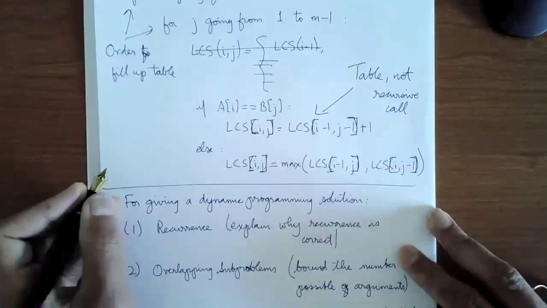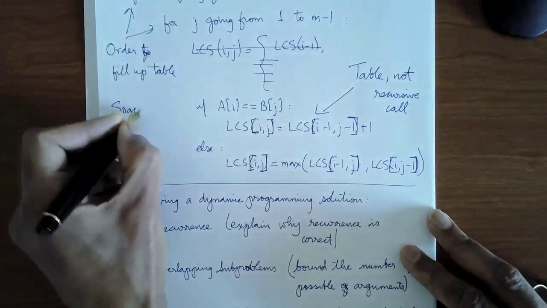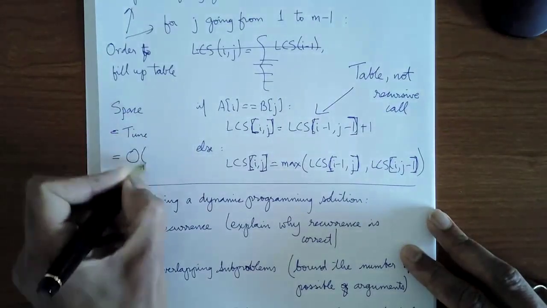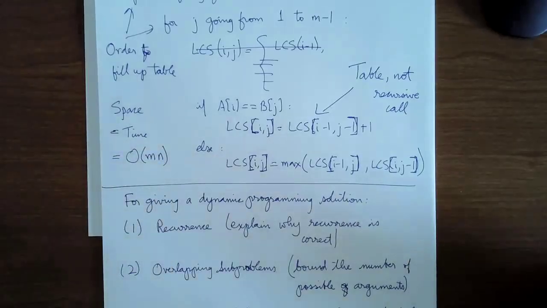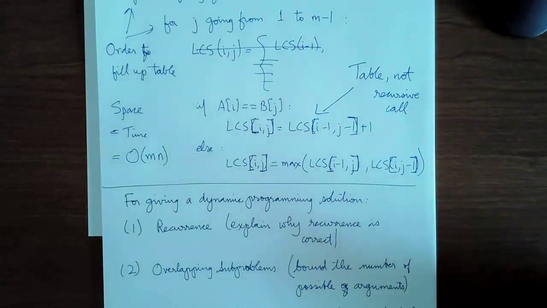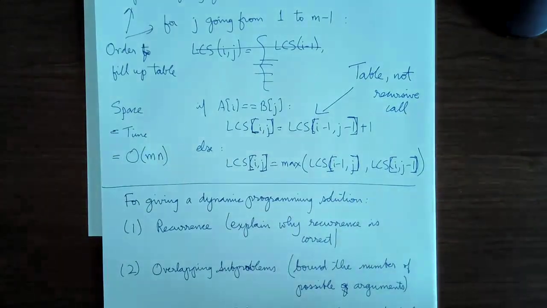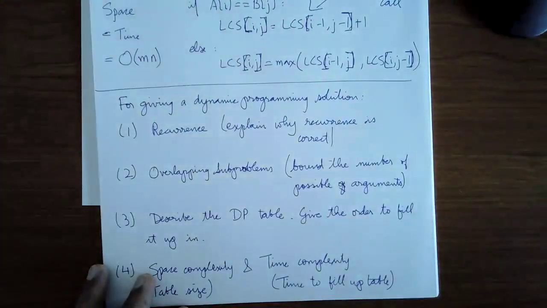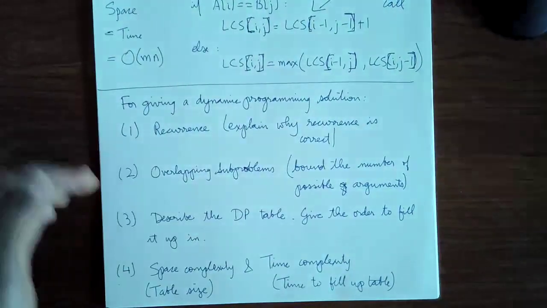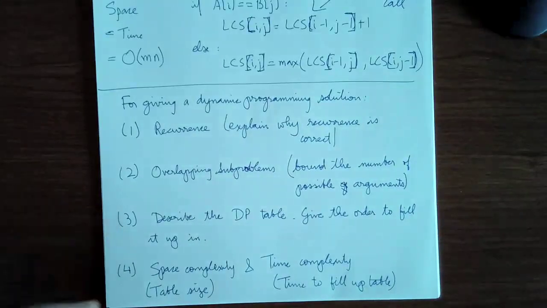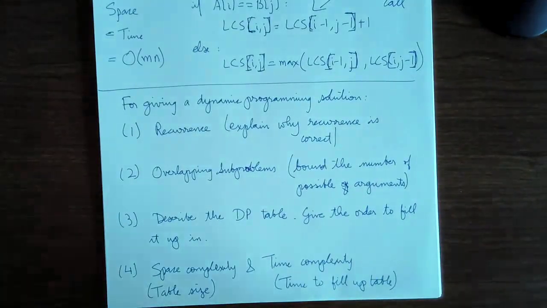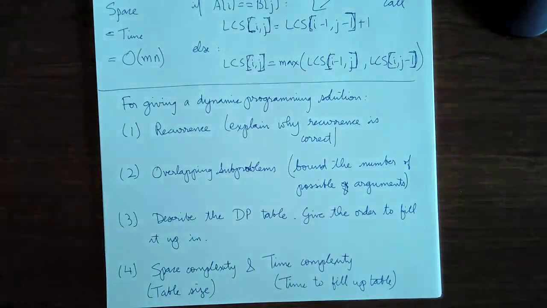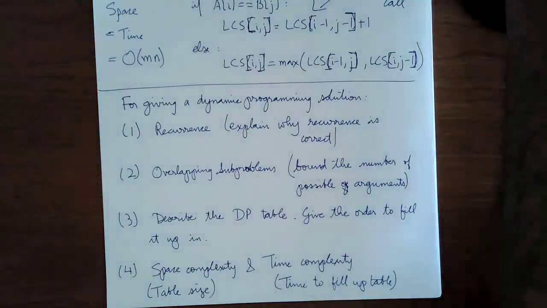And so in this case, both the space, which is the same thing as the time, is O of m times n. Okay, is this clear? I want this structure for any solution to a dynamic programming problem: a recurrence, overlapping subproblems, describe the table, and then give the space and time complexity. Okay, any questions about this? Any doubts?